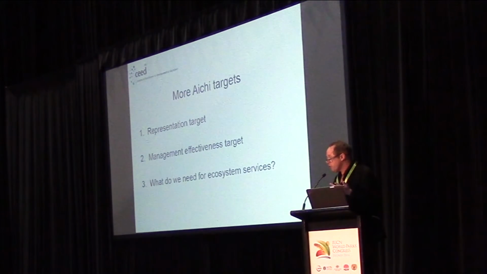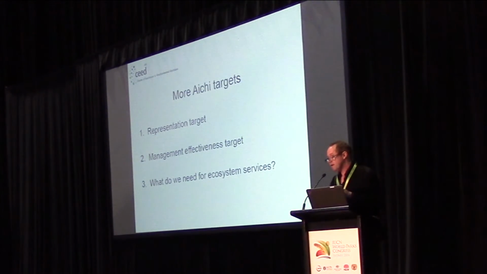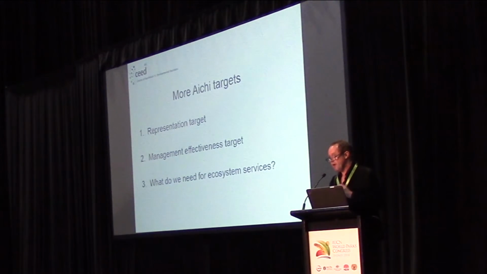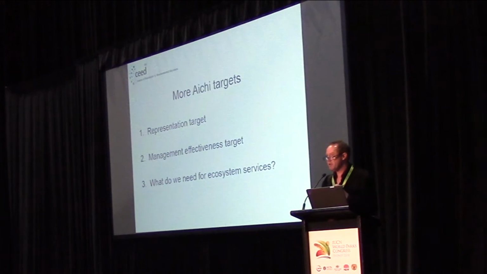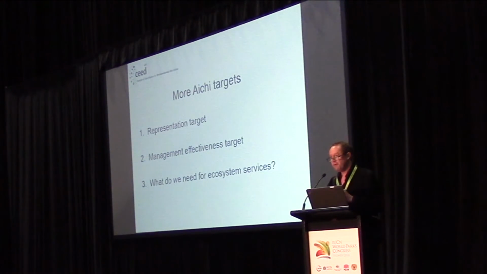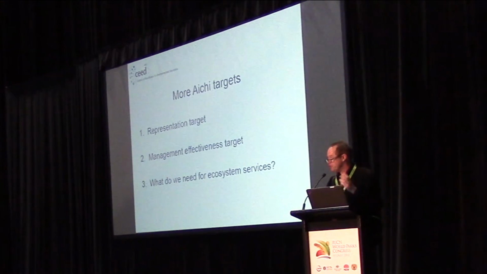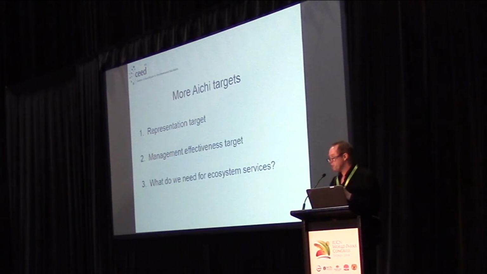But what we also need is another number for representation. And we've invented that. It's called protection equality. It turns a country's reserve system into a single number between 0 and 1. If all your habitats are equitably protected, you get 100%. If you have a reserve system that's very big and it's almost all desert and nothing else, unless you're Saudi Arabia, you have a very small protection equality.